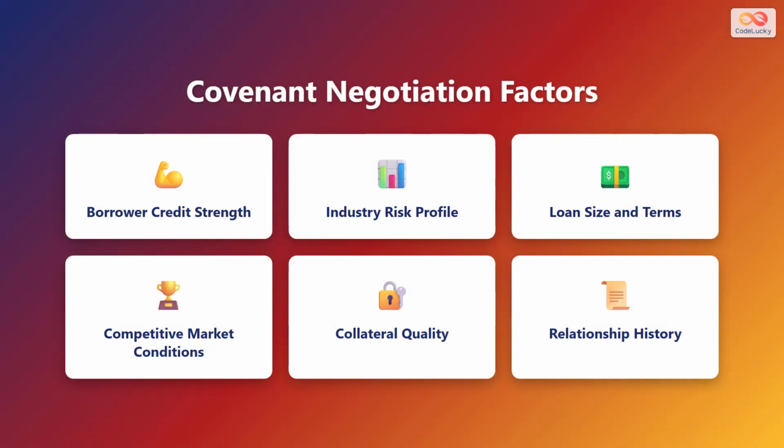The strictness of debt covenants varies based on several factors. Borrower credit strength is paramount. Stronger borrowers negotiate more flexible covenants, while weaker borrowers face tighter restrictions. The industry risk profile matters too, with riskier industries facing stricter covenants. Loan size and terms also play a role, as larger loans typically come with more comprehensive covenant packages.